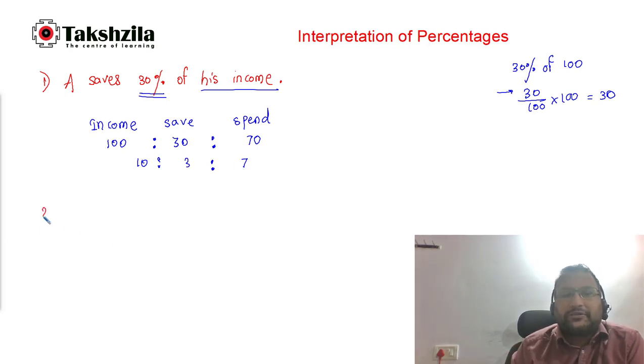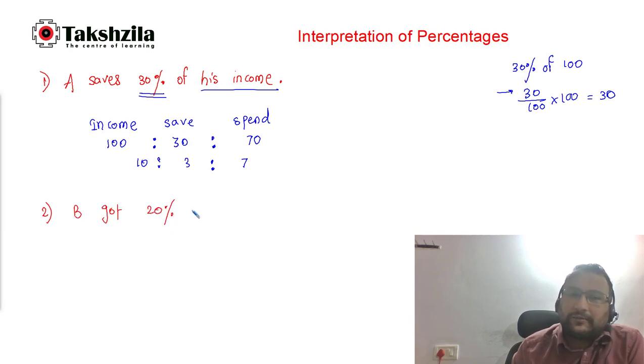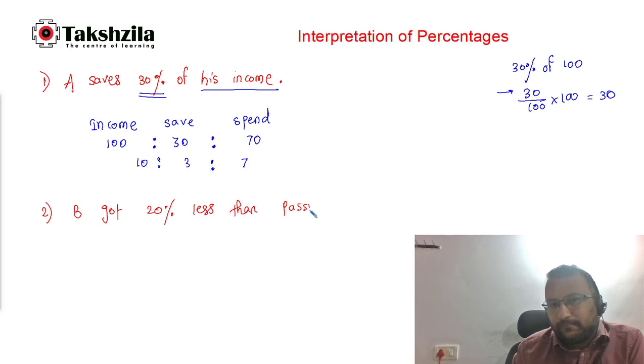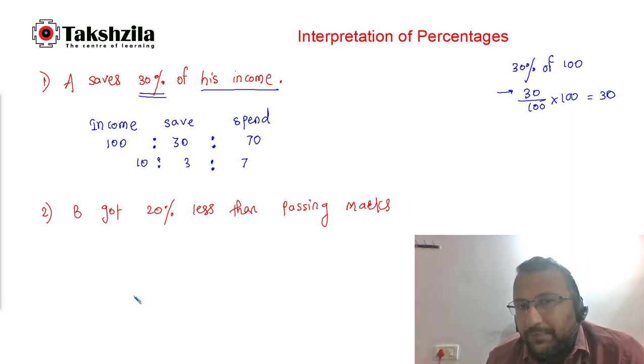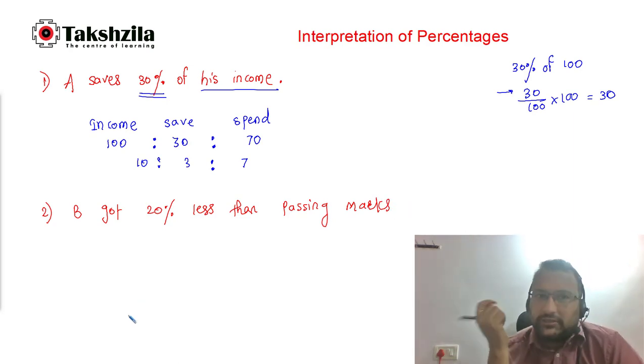The second statement is, let's say we got 20% less than passing marks. So over here the 20% is applicable on passing marks.